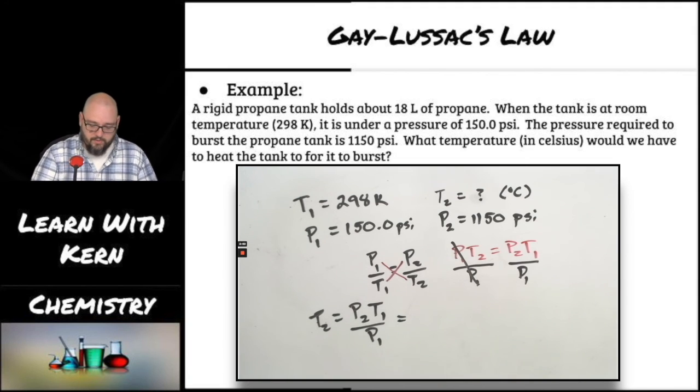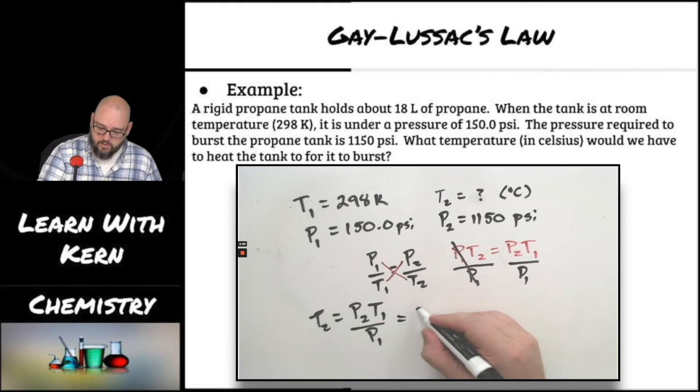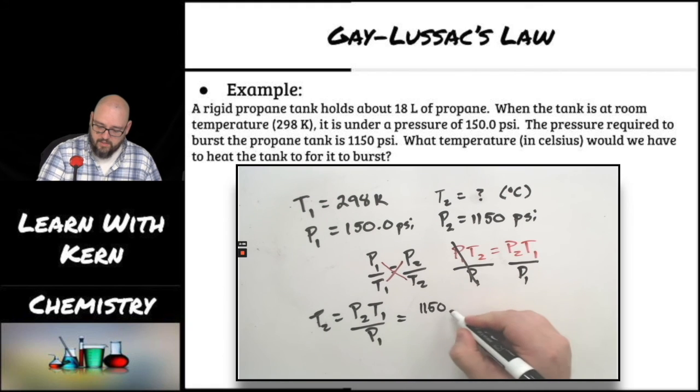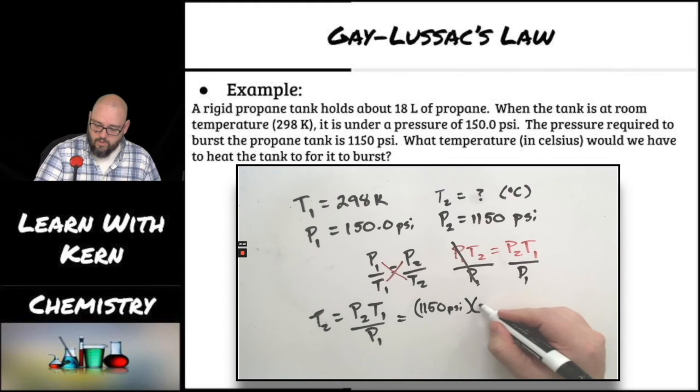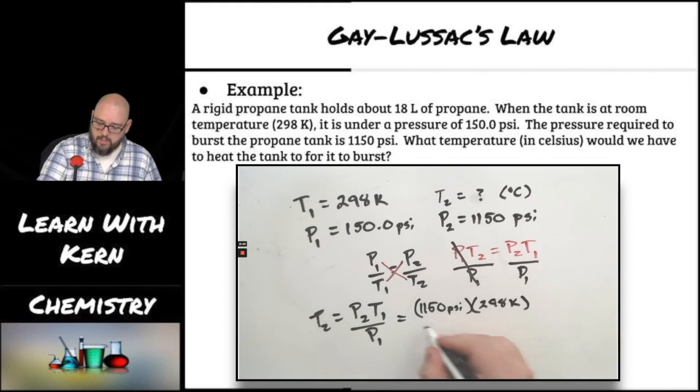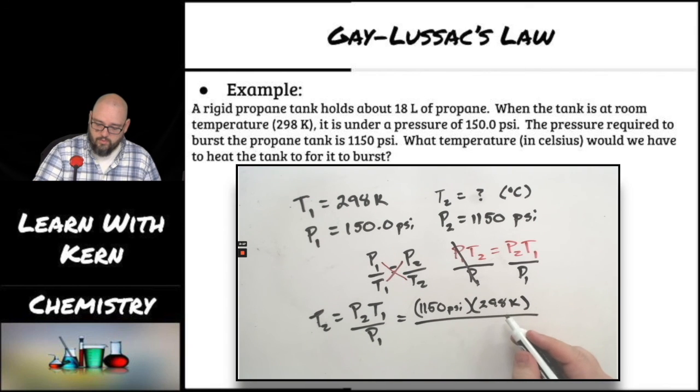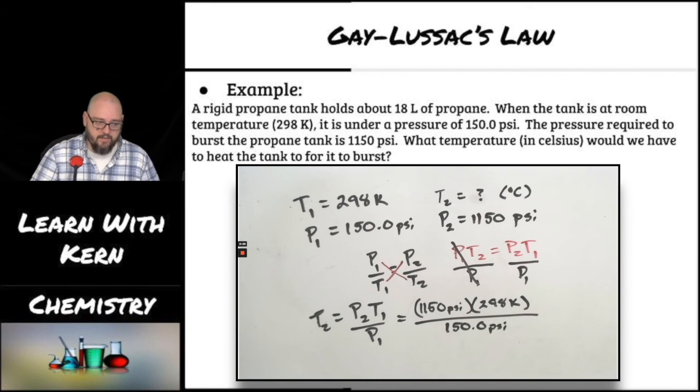So then I can simply plug in my numbers. So P2 is 1150 psi. T1 is 298 Kelvin. And P1 is 150.0 psi. So I do that in my calculator.